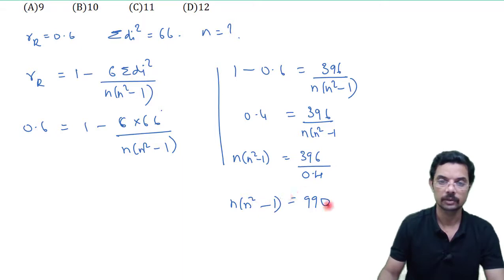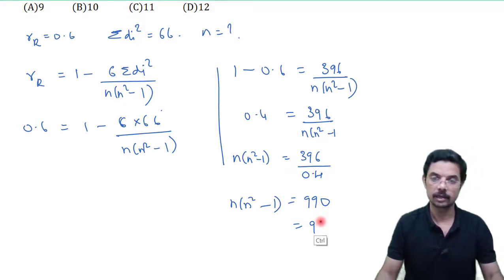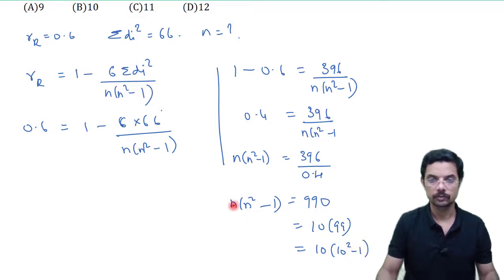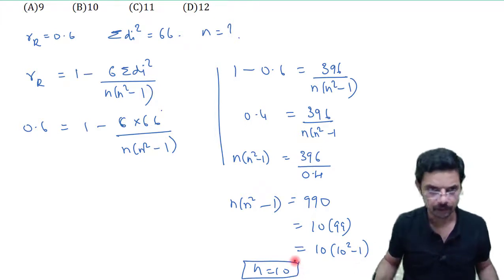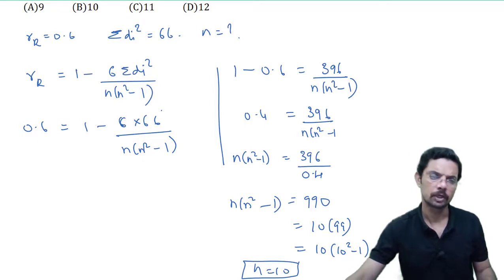We are familiar with this thing. Can we write this thing as 99 into 10, or 10 into 99? Okay, I can write this thing as 10 into 10 square minus 1. So we can now compare that n is equal to 10. Okay, n will be equal to 10. Very simple. So this is again a typical problem you need to be familiar with.